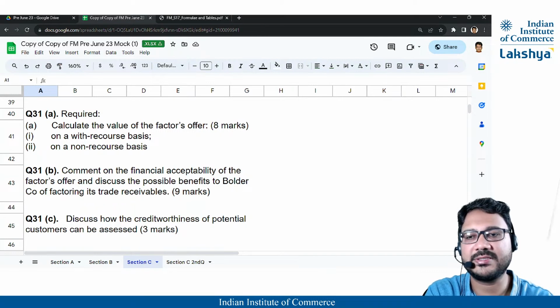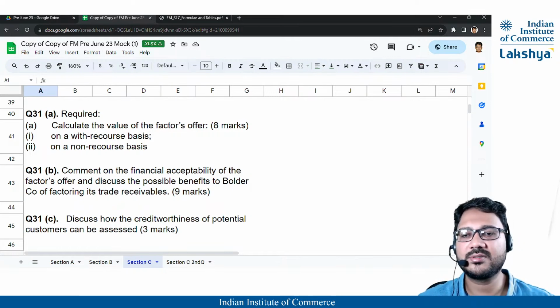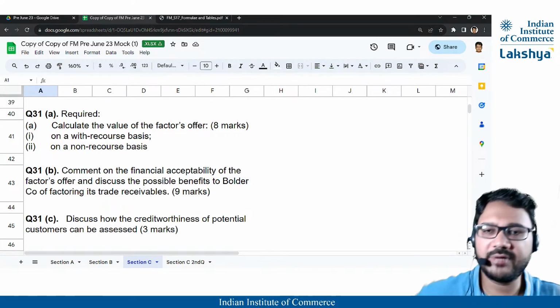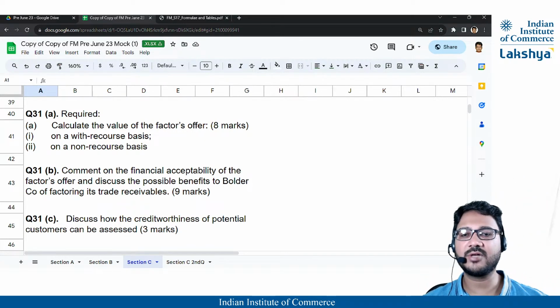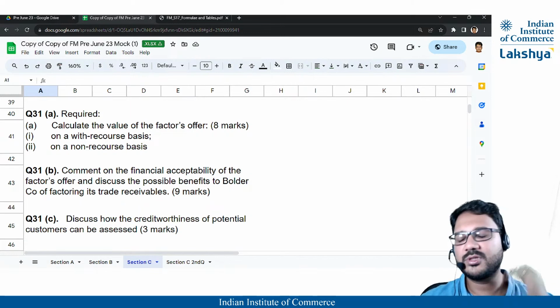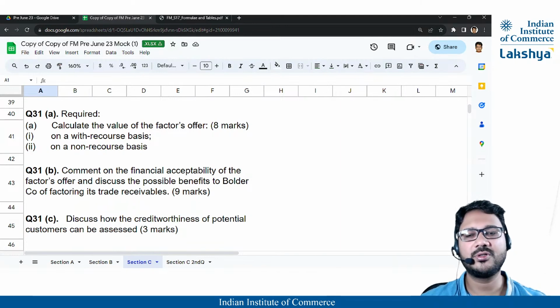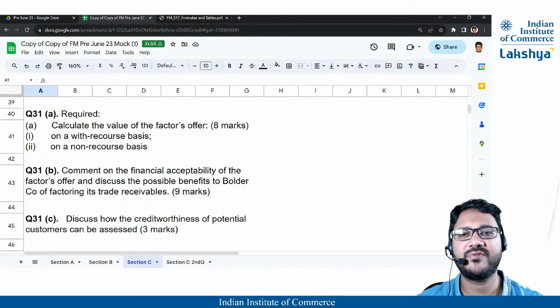Comment on the financial acceptability of the factor's offer and discuss the possible benefits of Boulder Company factoring its trade receivables. So the advantages of factoring, and discuss how the creditworthiness of potential customers can be assessed. Creditworthiness we had discussed in our classes: you could look for bankers' reference or trade references, that means references of people who have already dealt with the company before, so you can understand whether they are paying on time or not.